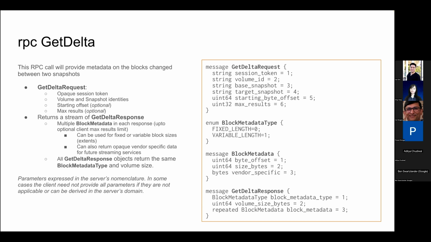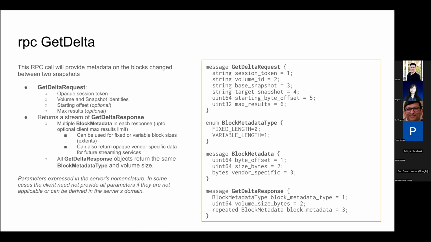All alpha means is that we reserve the right to yank it out, so don't depend on it. We won't literally break something that depends on it, but we might remove it from the spec, and people will stop using it. That's all it means. It's just a mechanical way to make sure that if we do yank something and later introduce a new feature, it won't cause horrible things to happen. And there is no concept of beta. It's alpha and GA. That's how it works in the CSI spec.